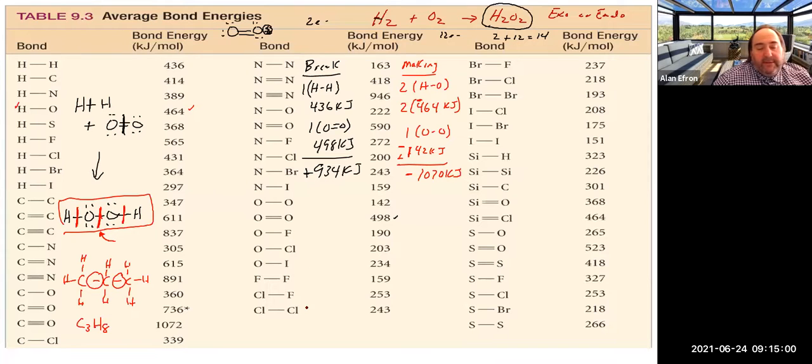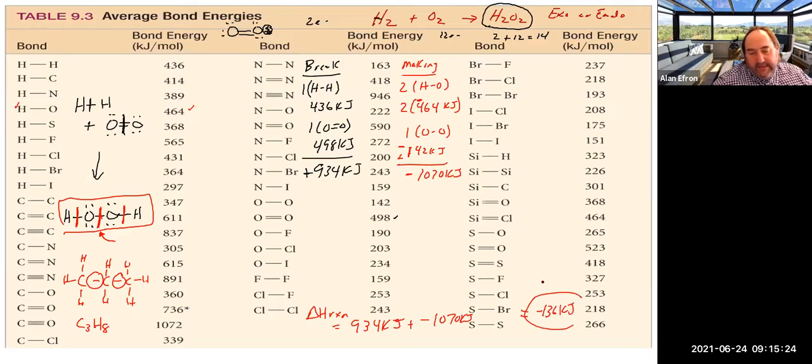That gives us our delta H of the reaction here, which would equal positive 934 kilojoules plus a negative 1070 kilojoules. So 934 minus 1070, basically minus 136 kilojoules.